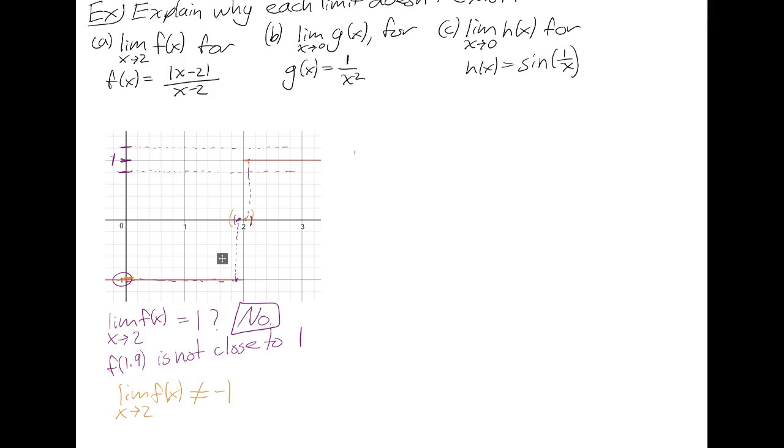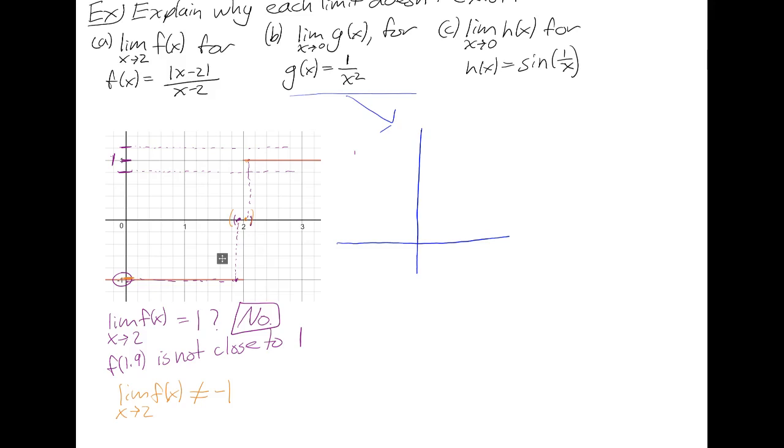Okay, so what about this one? If you make a graph of 1 over x squared, I'm going to do a sloppy graph real quick. Do this one blue over here. So this graph, well, first of all, my way of remembering what the graph of this looks like is that, well, x squared is always positive.